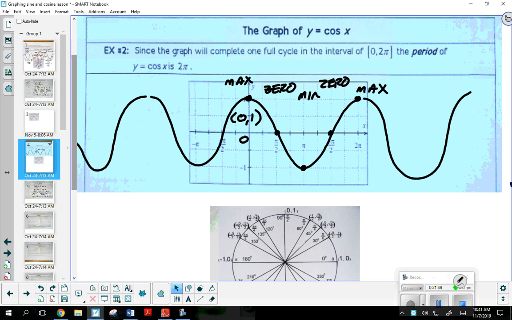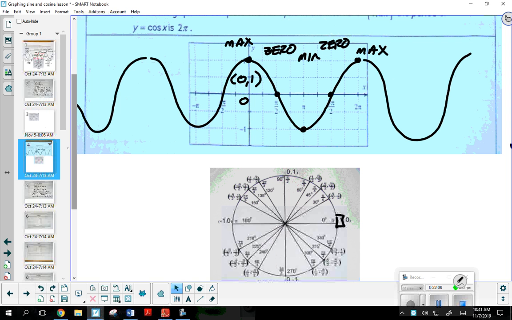And that makes sense, because if you're looking on the unit circle, here's 0 radians, and the x value right there is 1. Okay, and it's the same idea. You're getting the ordered pairs as you rotate through. So what's the next 0? What's the location of this ordered pair right here? There you go. That is pi over 2, 0. Okay.